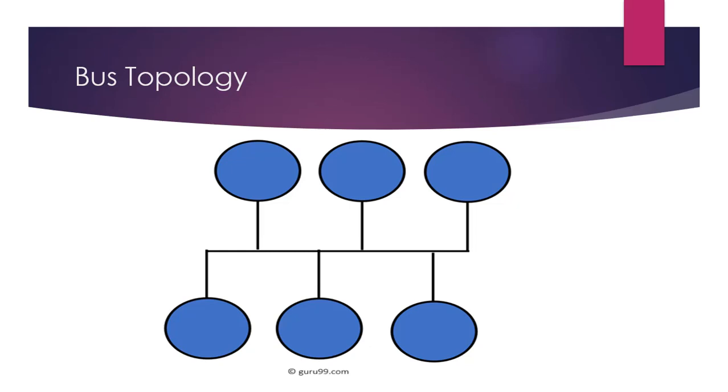Now let us talk about some more disadvantages. If the common cable, that is the backbone, fails, then the entire system will crash. The same thing happens when the terminating points fail; your complete network crashes. When network traffic is heavy, collisions develop in the network, and at that time you will feel the network is very slow.